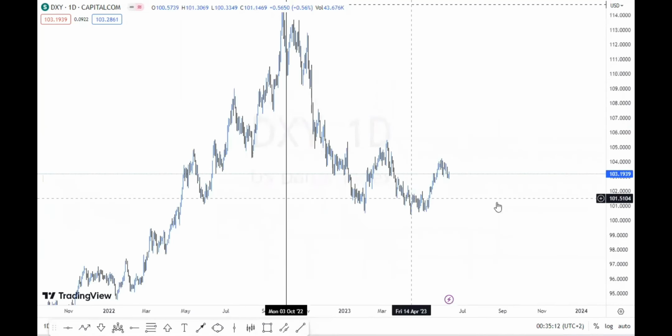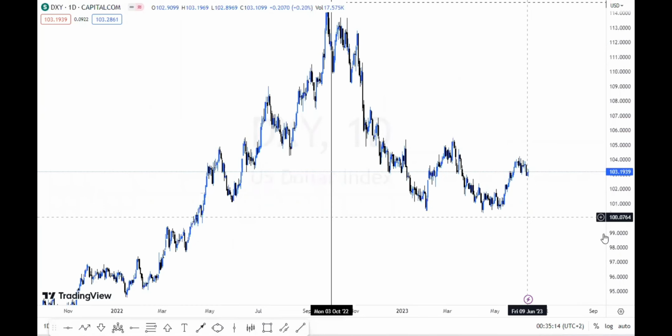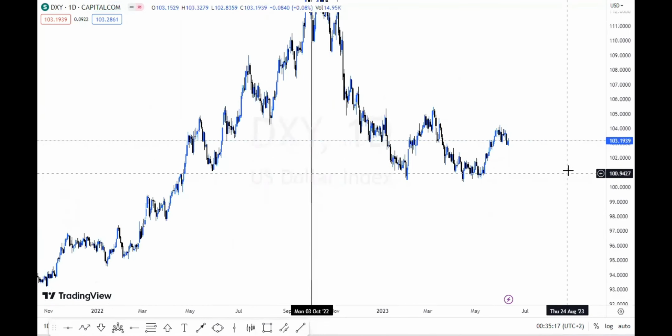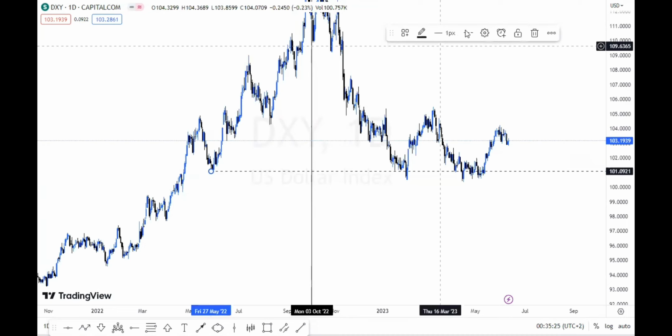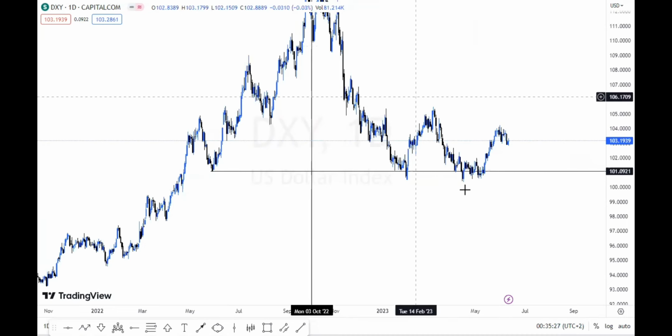So what I see right now on the dollar, I'm not going to lie to you, is a potential drop, the market going further down.